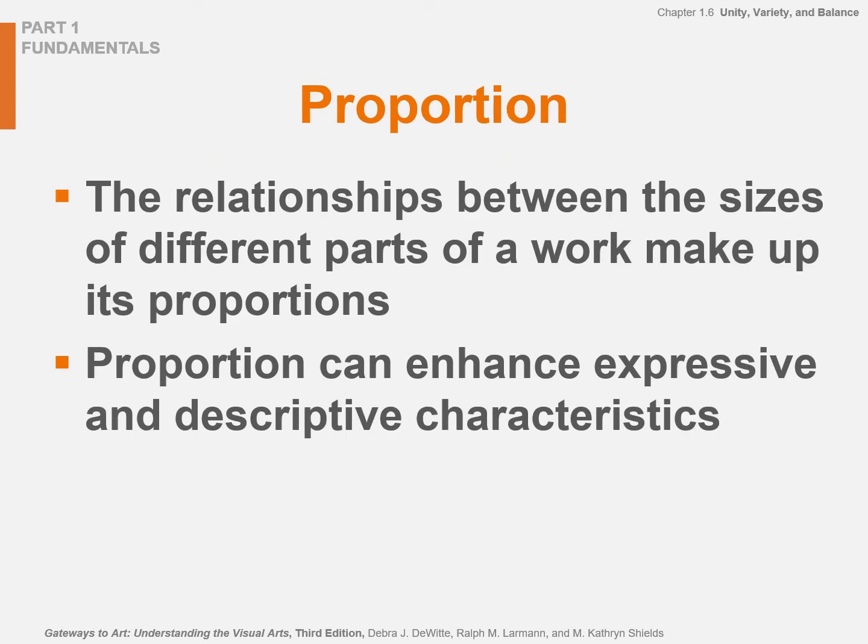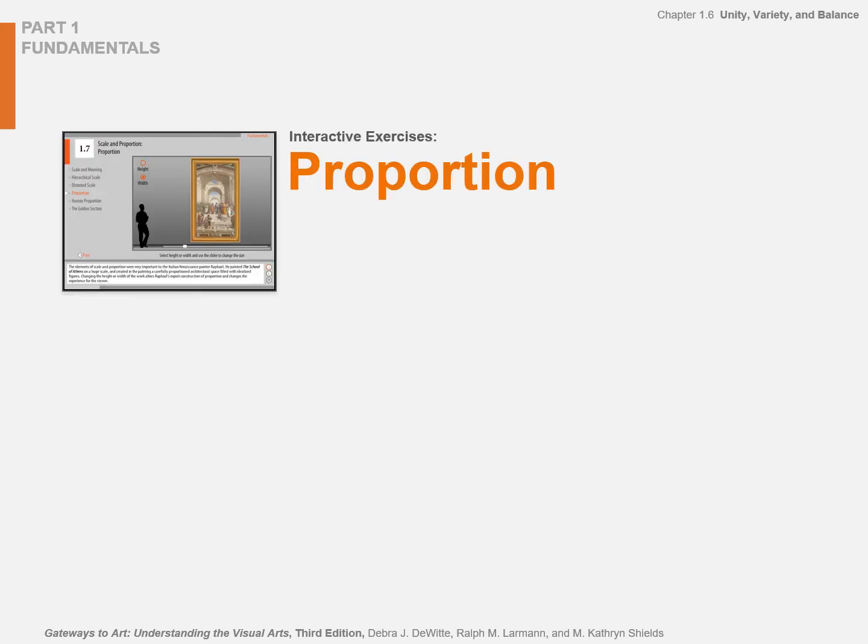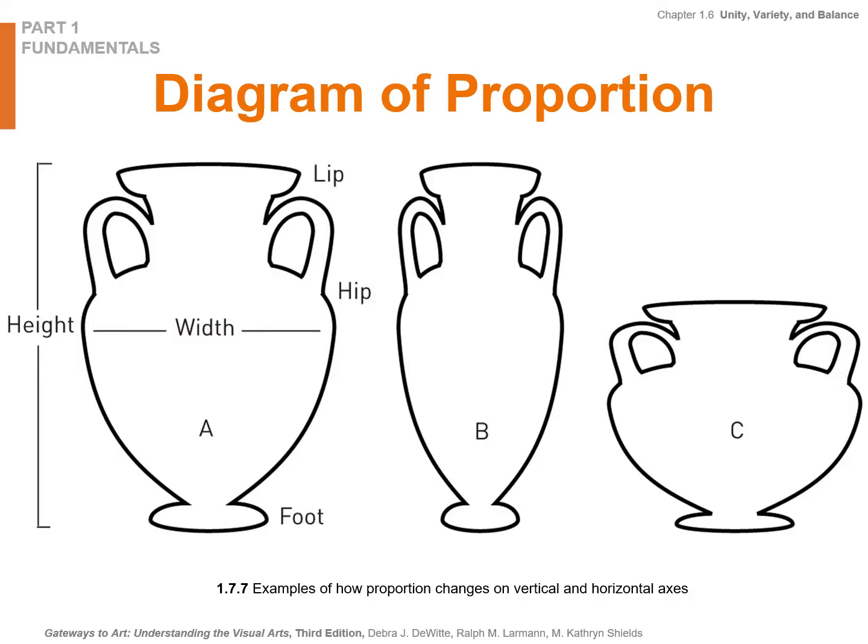Proportion is the relationship between the sizes of different parts of a work. It can enhance expressive and descriptive characteristics. This is a diagram that gives us an idea of how proportion works. When we think of proportion, we tend to think about how one part of an object relates to another.